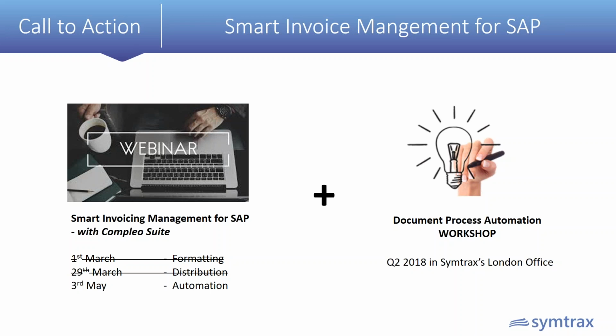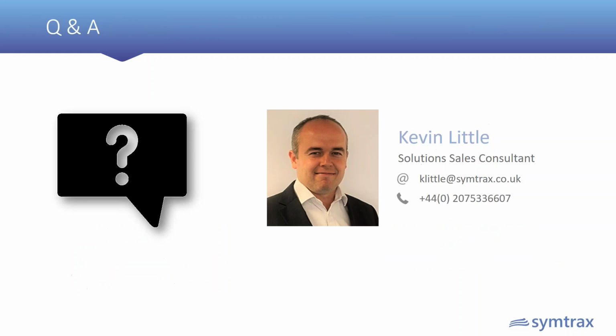And advance warning, if you can call it that, is a workshop for customers and people who are interested to find out a bit more about document process automation. That's planned in our London office, so please feel free to get in touch with me, and we can include you in those sessions as well.